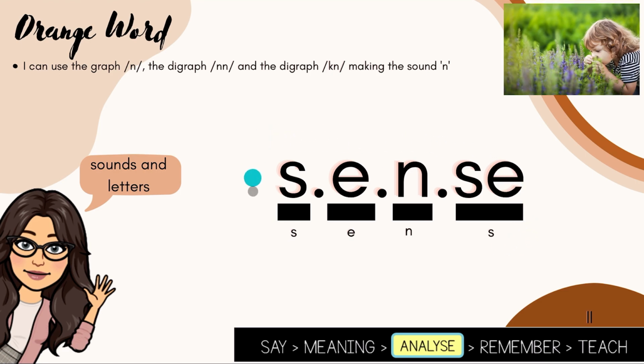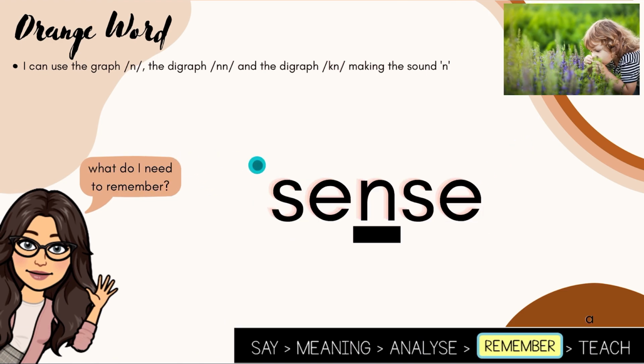For the most part, this is a word that we can sound out as long as we remember the meaning of it. If we're writing something, or having a conversation with someone and we're talking about our senses, so our sense of touch or smell or hearing or eyesight, we have to remember that it is S-E-N-S-E.